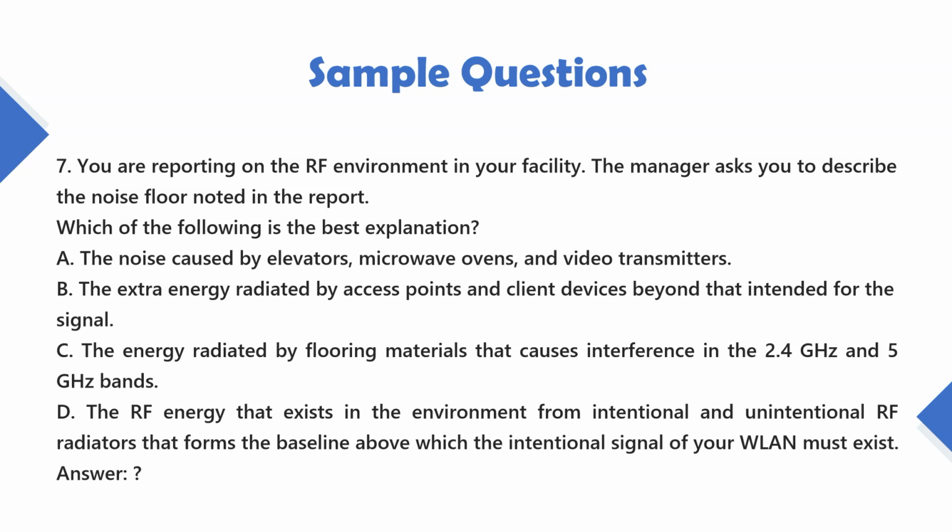C. The energy radiated by flooring materials that causes interference in the 2.4 GHz and 5 GHz bands. D. The RF energy that exists in the environment from intentional and unintentional RF radiators that forms the baseline above which the intentional signal of your WLAN must exist.